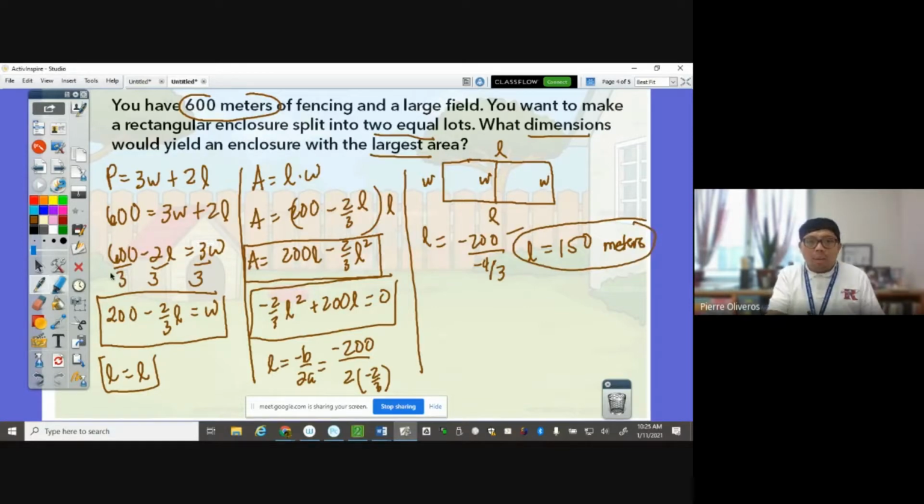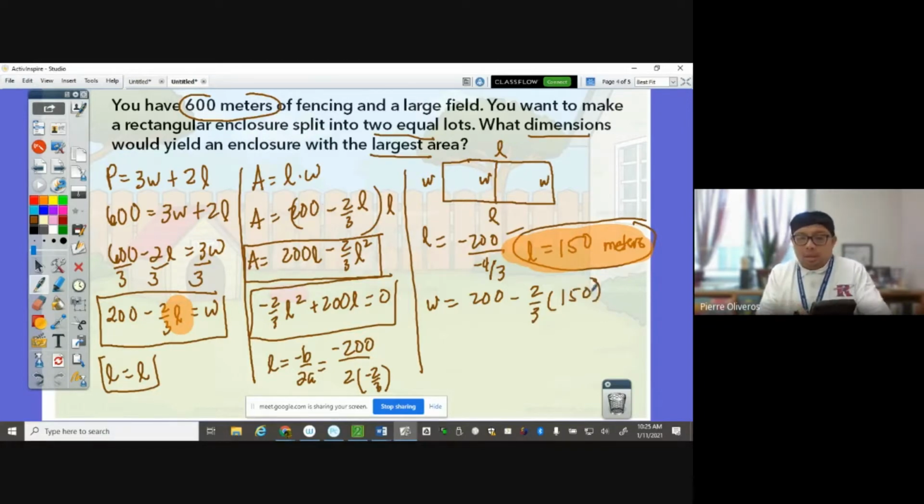Now I will substitute that 150 into my equation for W. That gives me 200 minus 2/3 of 150. So 2 divided by 3 times 150 is 100, and 200 minus 100 gives me 100 meters.